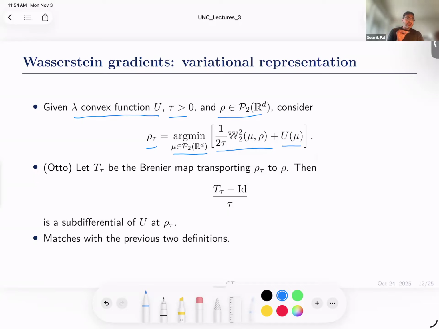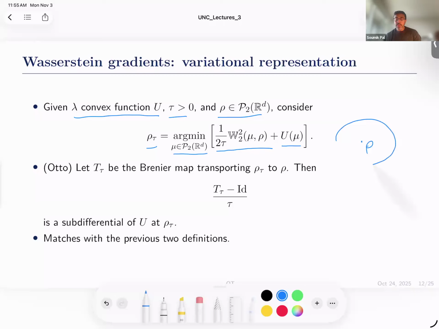Now if tau is not infinity, in fact we would like tau to be very close to 0, then what is this term actually doing? It is saying that essentially you should only look into a W2 ball around my rho of a radius which is about square root of tau. So my rho is here.